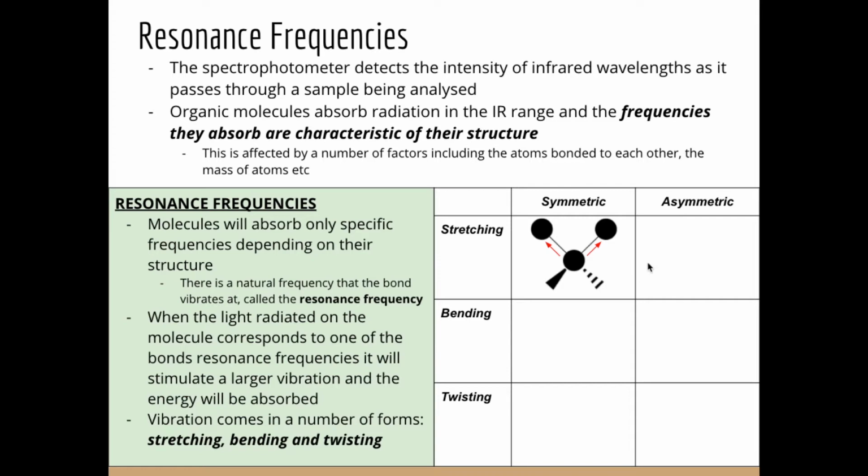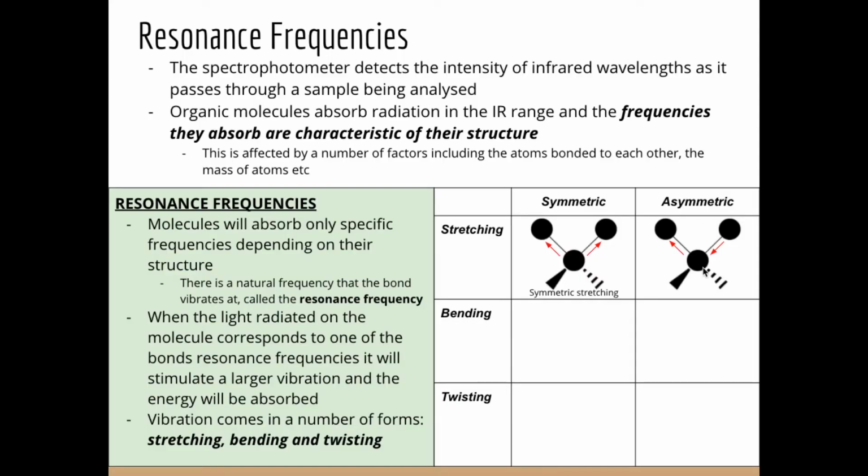Now compare this to asymmetric stretching, meaning that it's not symmetrical. They're still stretching, but they're not doing the same thing as each other. Rather, this time, the bonds would be going like that. They're still stretching in and out, only they're doing it asymmetrically. So that's the first kind of vibration.